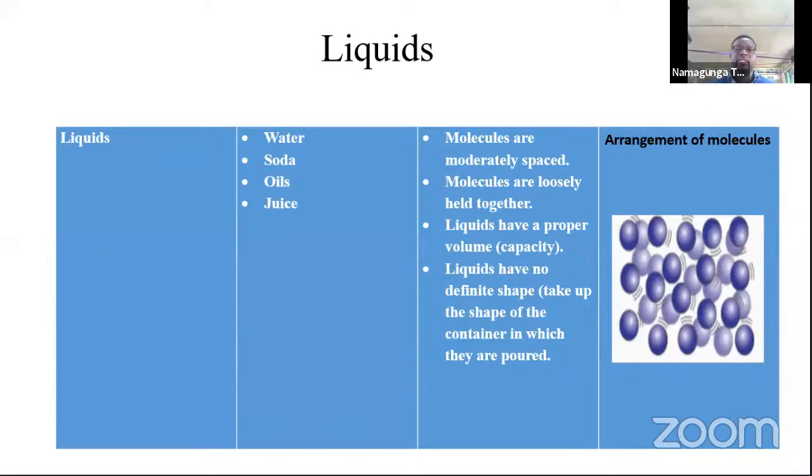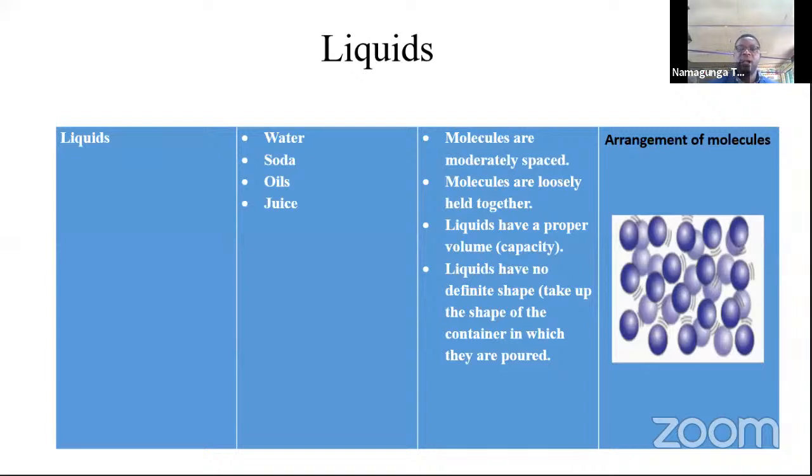Thank you so much. Liquids do not have any definite shape. In other words, they take the shape of the container where they have been poured. Where you put it, that's the shape. If you put in a round container, they will take the shape of a round container. If you put in a cylindrical container, it will take that shape.